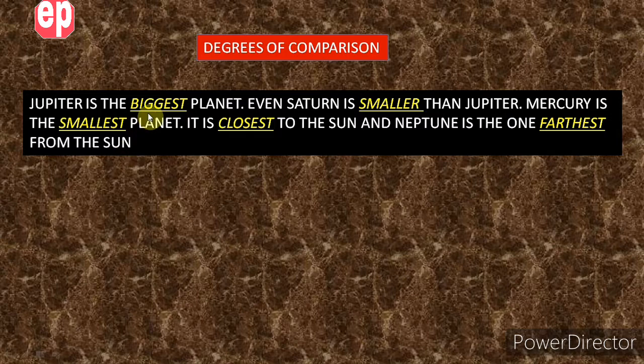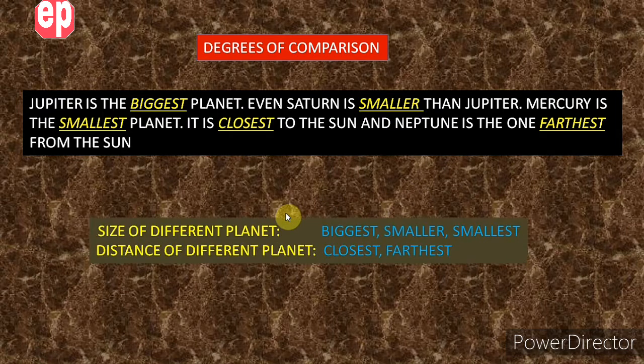Look at the highlighted words: biggest, smaller, smallest, closest, and furthest. What do they tell us? The words biggest, smaller, and smallest tell us about the size of the different planets, and the words closest and furthest give us information about the distance of different planets. So these words express degrees of comparison among different things.